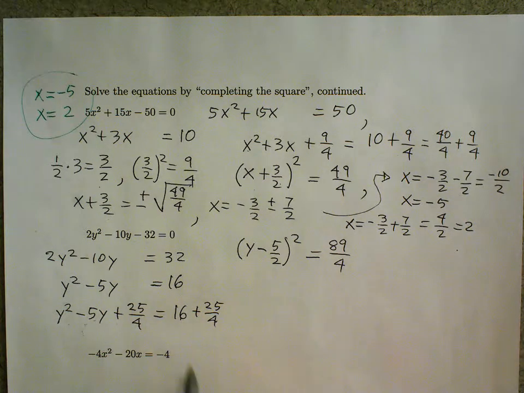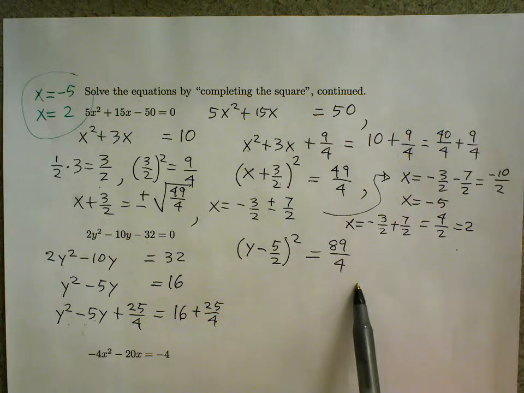Sorry, 16 is the same as 64 over 4, and 64 over 4 plus 25 over 4 is 89/4.